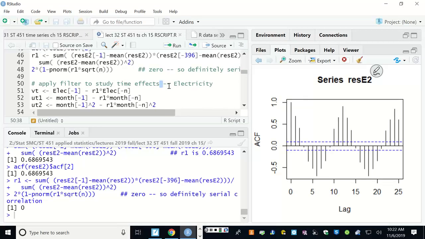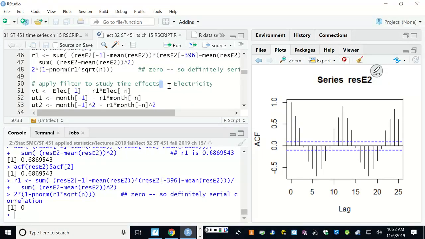So now we're going to apply the filter to electricity. We take electricity y sub t minus r1 times y sub t minus 1. And so we only get n minus 1 terms, because there has to be at least this difference of 1. So this little trick takes off the first one.